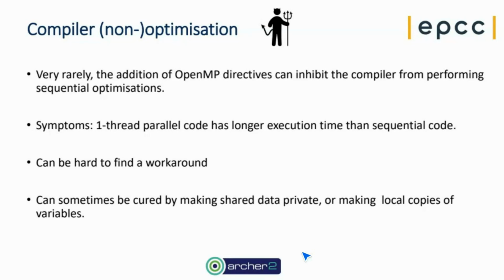There's also another effect: even if you have no parallel directives in your code, adding the OpenMP flag does change the compilation process a bit, because it forces all local variables to be stack allocated. So you can see nasty things like just turning on the OpenMP flag causing you to run out of stack space, for example. That is possible.